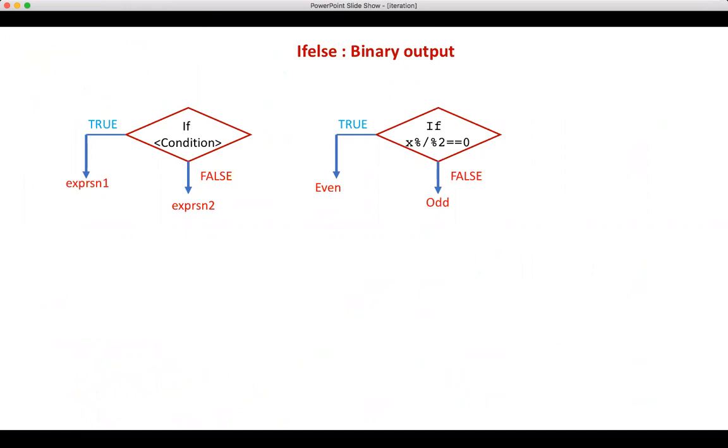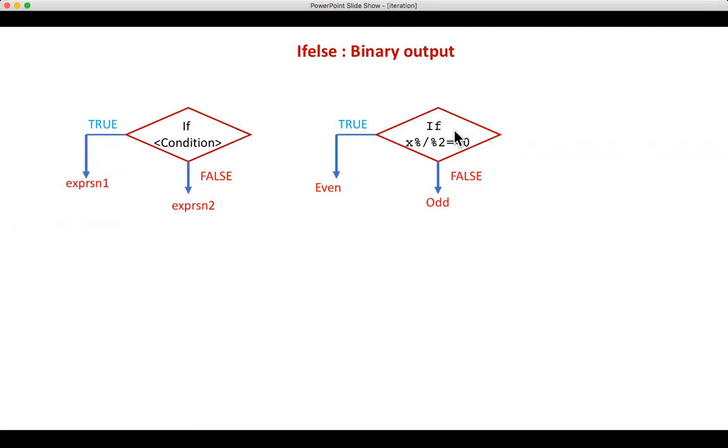It can be made more complex, but to start with, let's assume a really simple scenario where we want to test a condition, and based on the condition holding true or false, we are going to follow two different outputs. If the condition is true, we follow expression one, which is the code there. If it is false, then we follow expression two. That's the way to go about it.